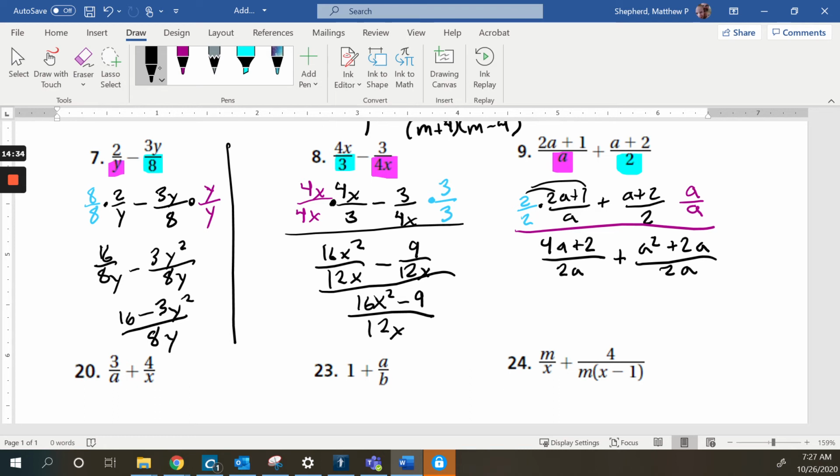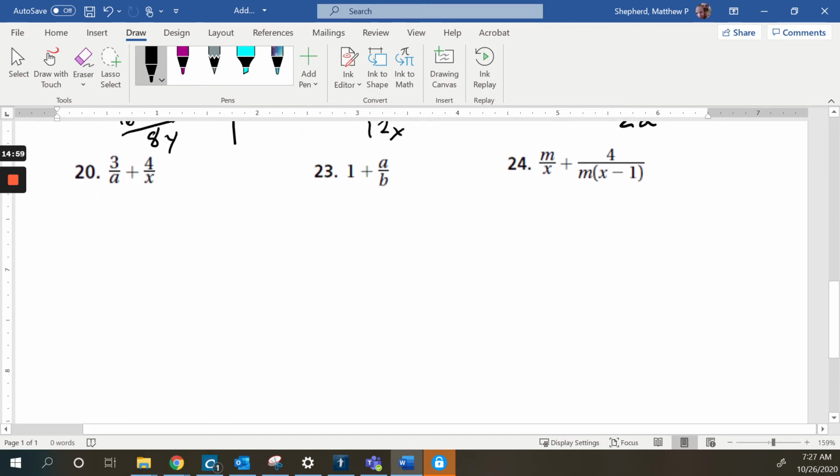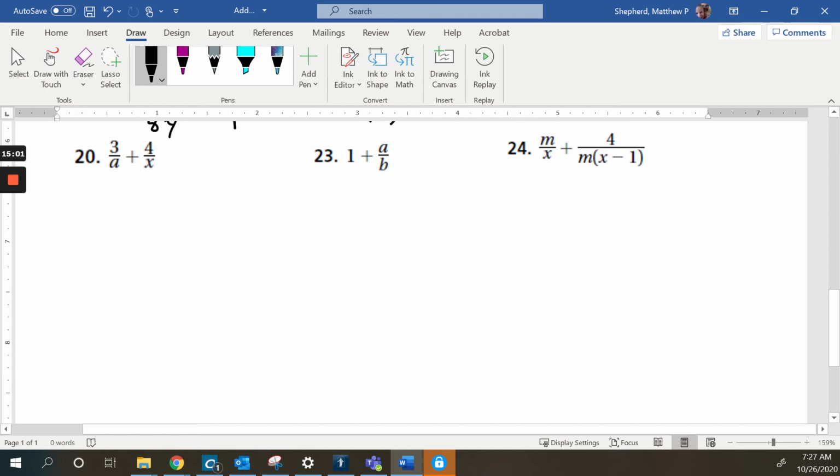Combining that through, we'll get a squared plus 6a plus 2 all over 2a. I don't really see how we would factor the numerator, so we're just going to leave it like that. All right, final 3 problems were right there.